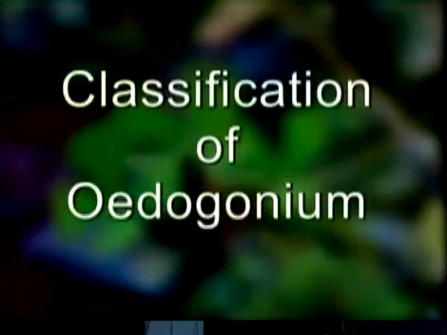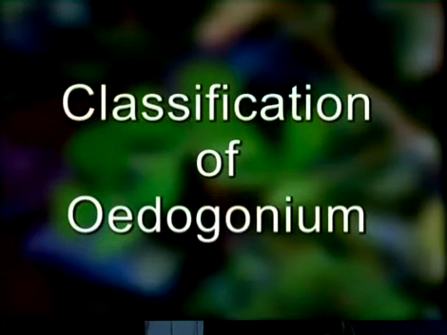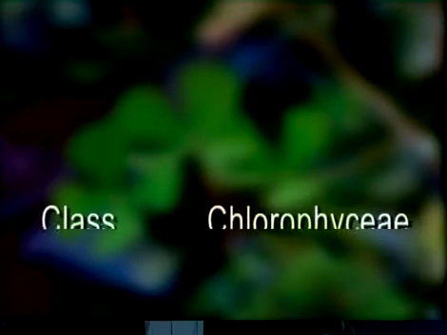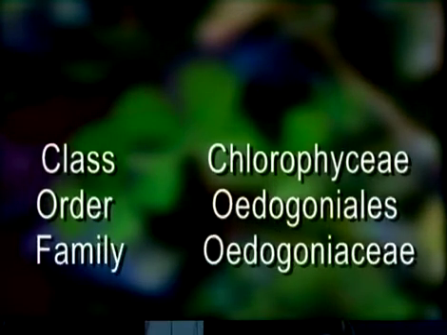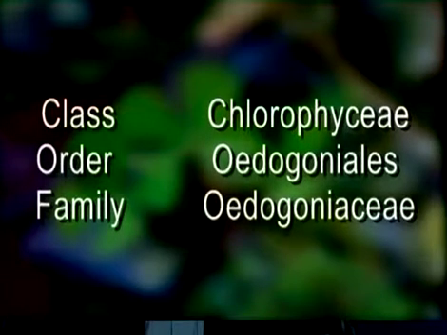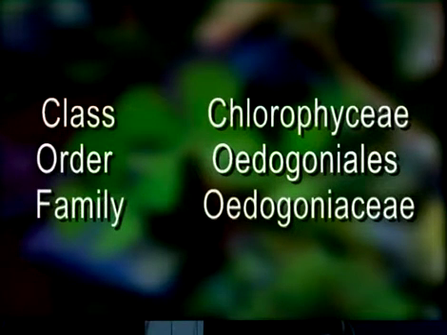The classification of Oedogonium. Oedogonium belongs to the class Chlorophyceae, order Oedogoniales, family Oedogoniaceae. The family comprises about 400 species and 3 genera.